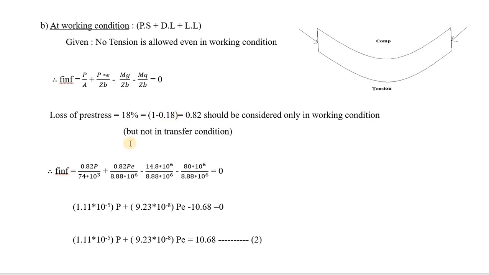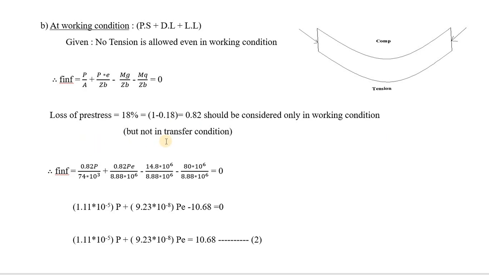How should we consider it? Use 18 by 100, you will get 0.18. So subtract 1 minus 0.18, you will get 0.82. This should be the value after considering the loss. So 0.82 should be considered only in the working condition, but not in the transfer condition.